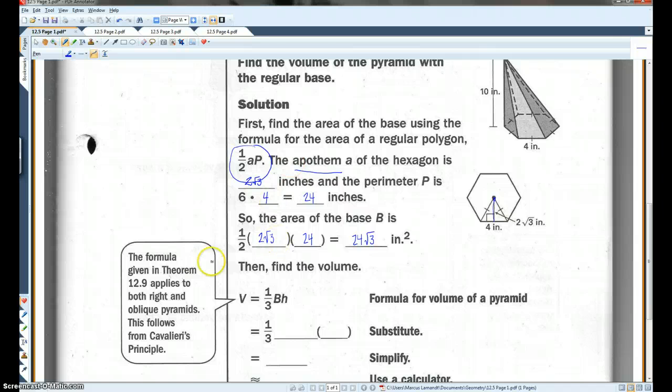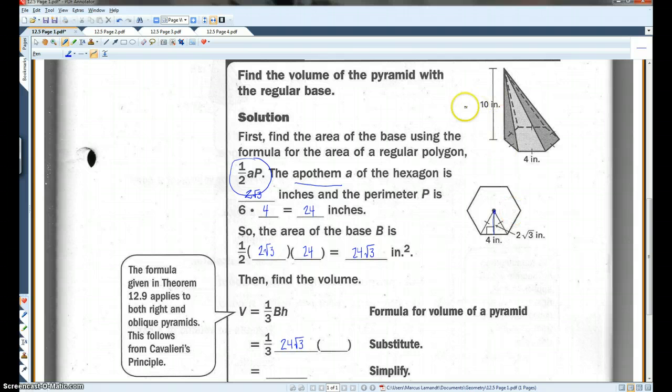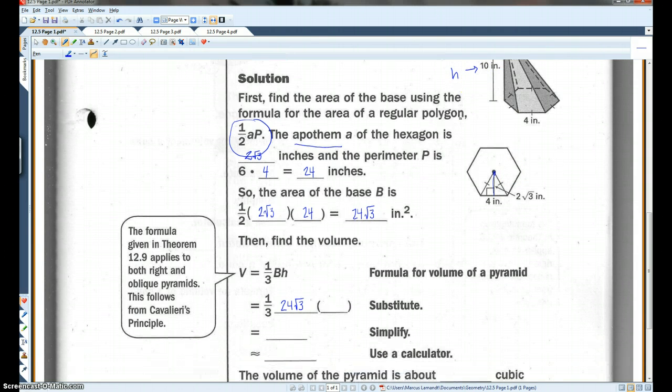We have 1/3 capital B, and we just found capital B, and the height, which is given to us up here. Okay? 1/3 of 24 is 8. 8 times 10 is 80, so we've got 80√3.